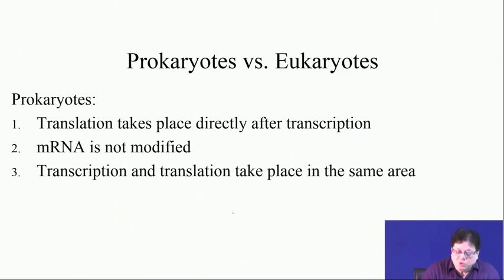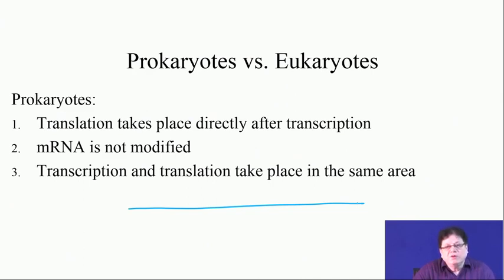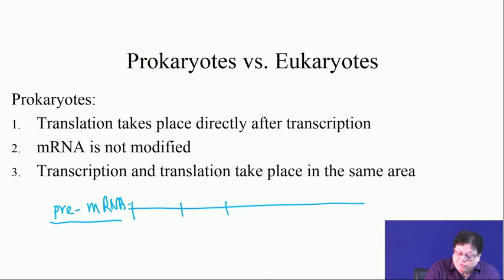But in eukaryotes, the mRNA that is transcribed from the template strand of the DNA is what is called pre-mRNA. Why pre-mRNA? Because this mRNA has all these codons, however, not all portions of it code for the protein.